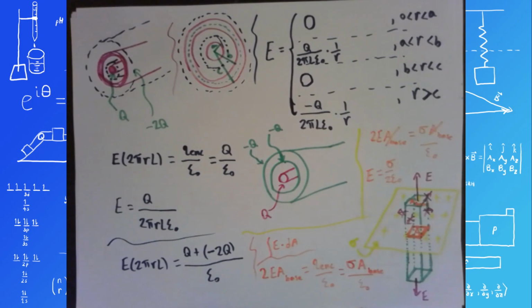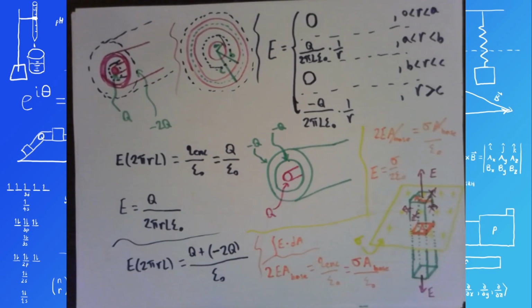Okay, so the good news is after getting this result, you don't have to do Gauss's law for sheet symmetries ever again. You can just remember this result and use it as many times as you need to whenever you're dealing with this type of symmetry.